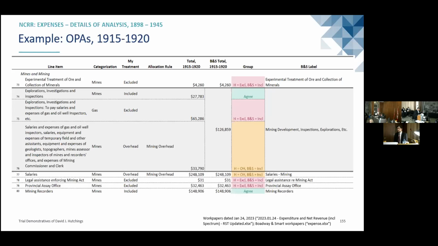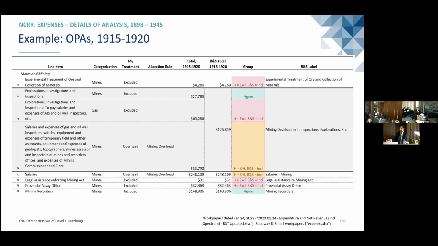So then we have legal assistance enforcing the Mining Act. See, that is related to a direct Crown resource revenue. So we differ on that treatment for $31. Line item 79 is another different thing. The provincial assay office. So the province set up one and then later added an additional office for testing assay cores and doing chemical analysis of minerals.